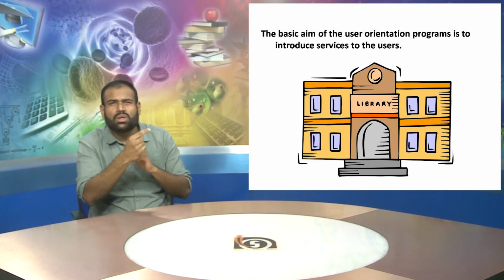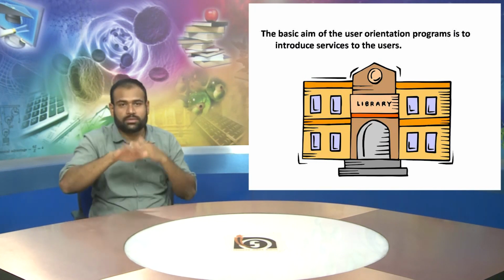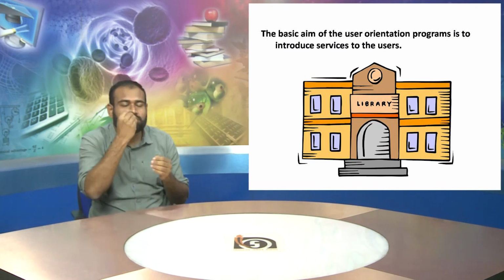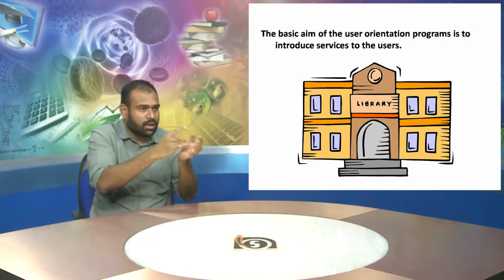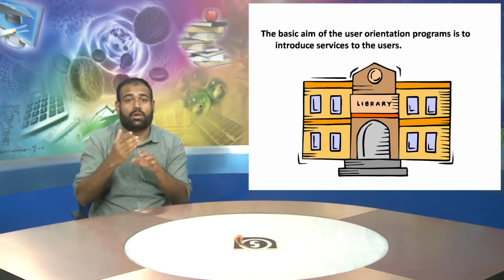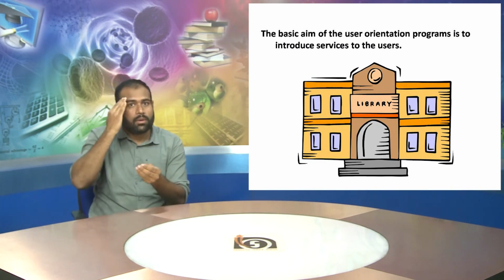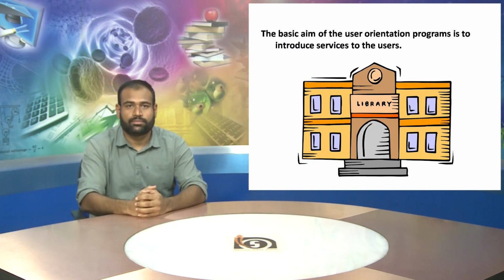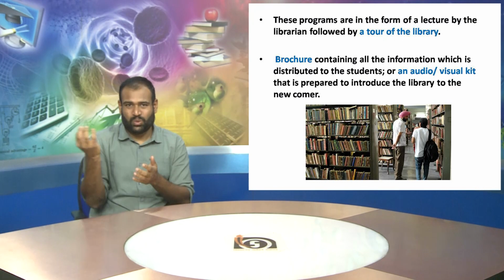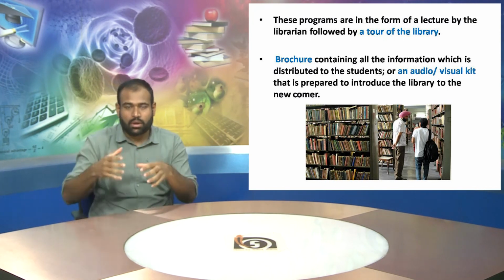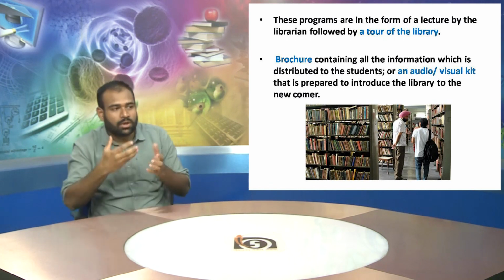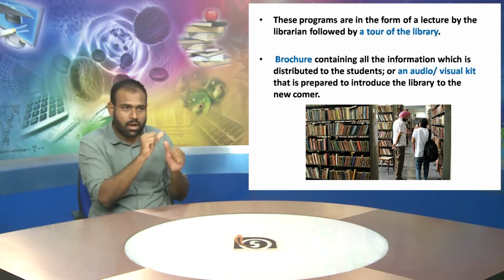The basic aim of the user orientation program is to introduce services to the users. And these programs are in the form of a lecture by the librarian, followed by a tour of the library.